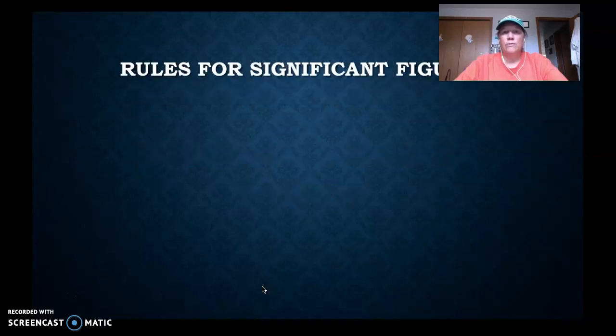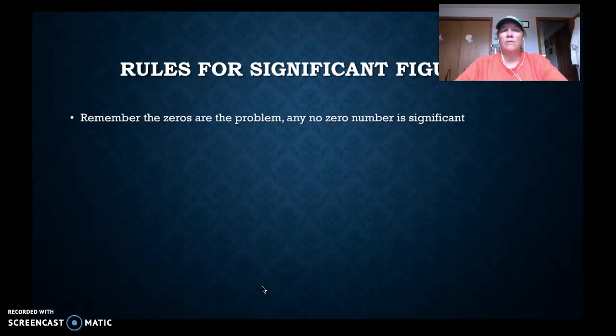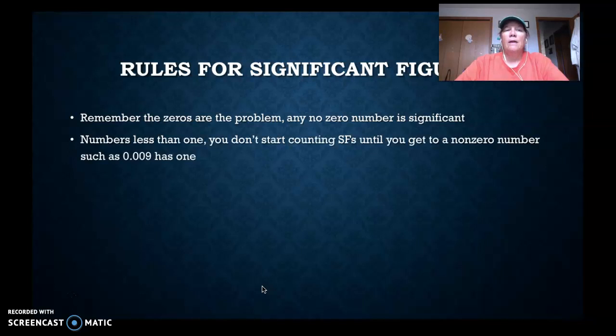Okay, so to review the rules, remember if it's a zero, zeros are the problems when you're trying to figure out significant figures. If it's not a zero, if it's 1 to 9, it's always significant. If you have numbers less than 1, you don't start counting the significant figures until you get to a non-zero number. So here I have 0.009. This only has 1. These are basically placeholders.